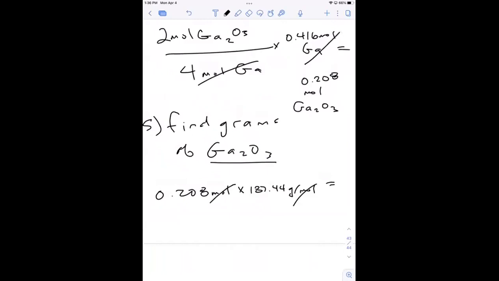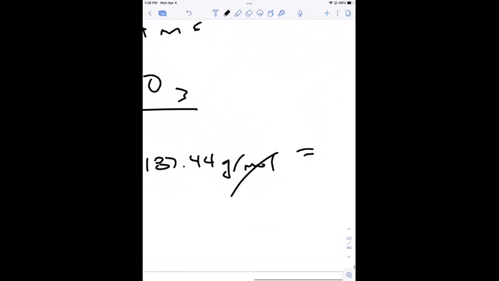We're going to be left with 0.208 times 187.44, which is 38.99 grams of gallium oxide.